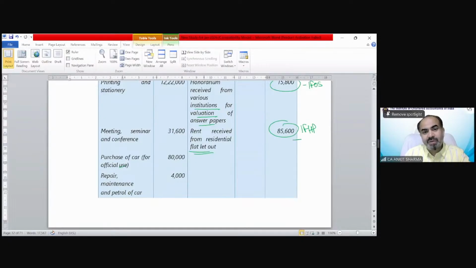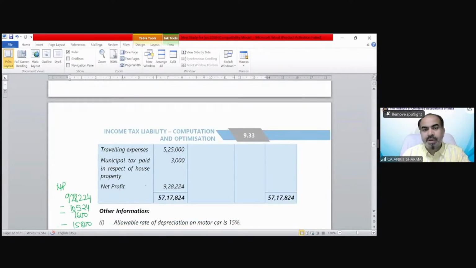But purchase of car should not be the part of my P&L. Depreciation should be here. So this is going to be add back, and the depreciation on this needs to be reduced. Now repair, maintenance and petrol of car, of course, going to be reduced.